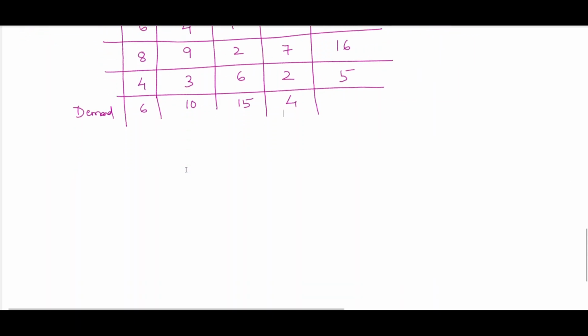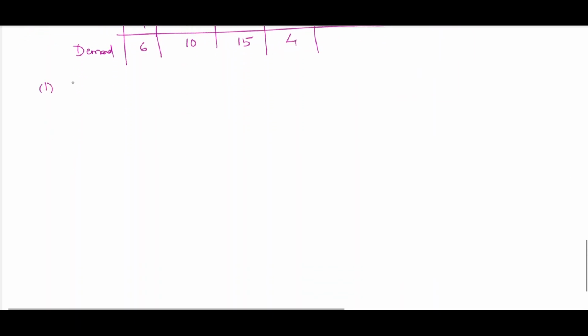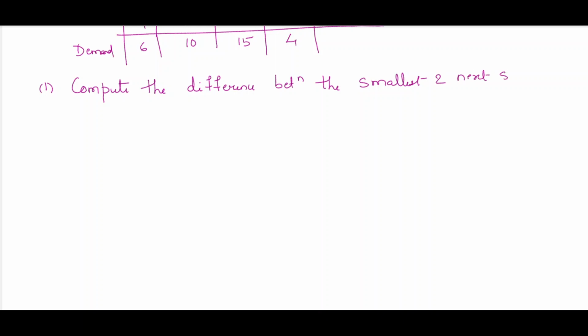First one, number 1: compute the difference between the smallest and next smallest cost in each row and column, and the difference is known as penalty.